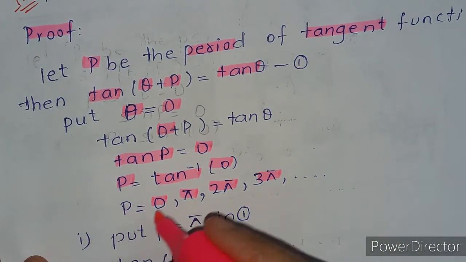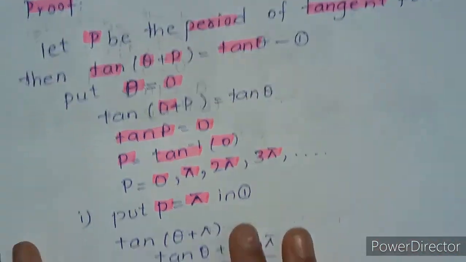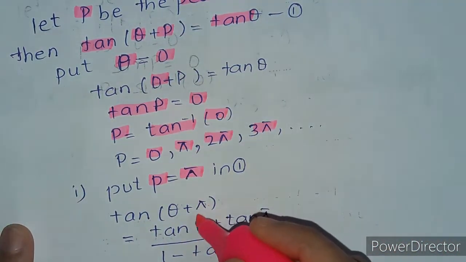Now putting the value of p as pi in equation number 1, which is this one. In place of p we put pi.